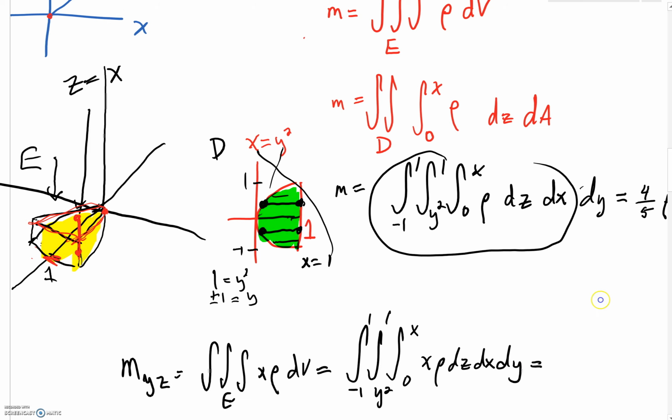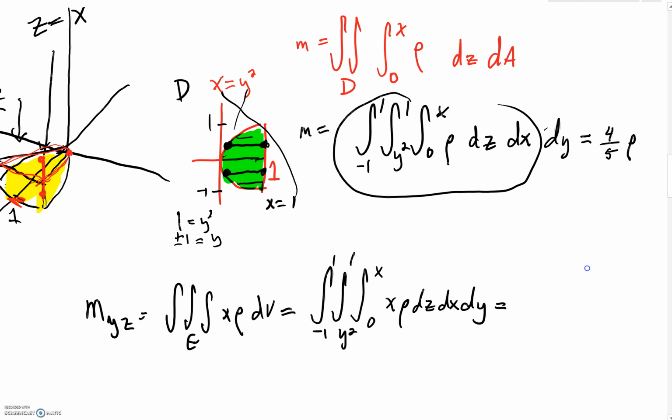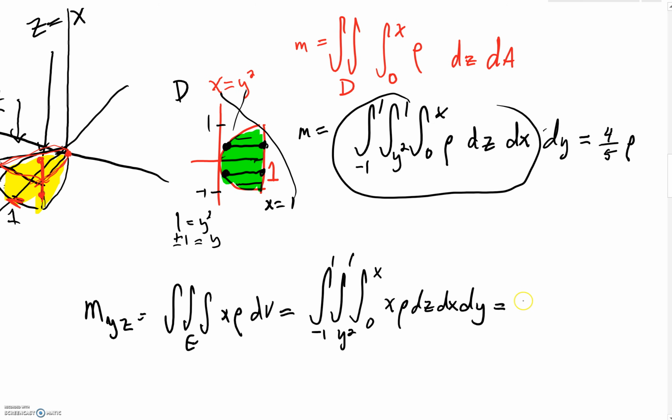It's just that this integral that we can do on our calculator is going to be able to be done just with an x in there. In fact, you can go back to what you had just typed in and just make a quick change. We can find our moment about the xz plane.